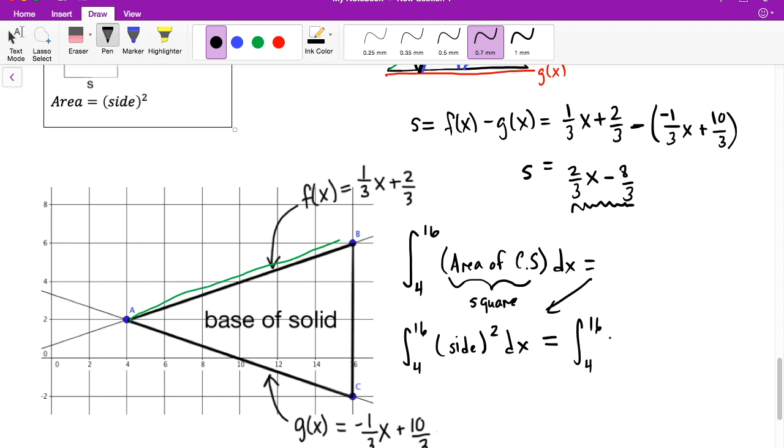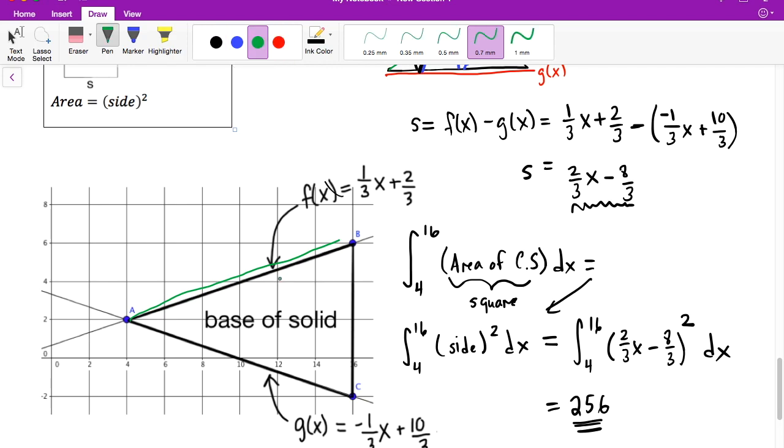Now we have an expression for the side, so we can integrate from 4 to 16 of (2/3 x minus 8/3) squared dx. If you use your calculator to integrate that expression, you'll get 256. So go ahead and type that into the graphing calculator and you should get 256.